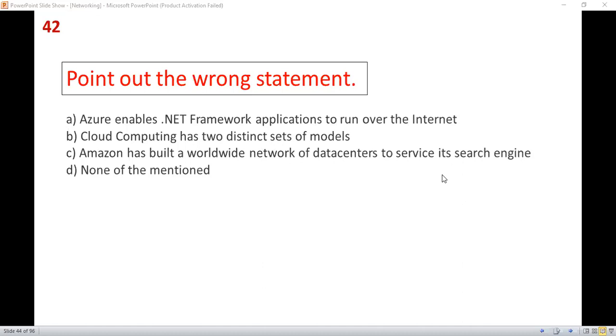And you have the main four types, and also service models IaaS, PaaS, and SaaS. So here we are talking about two distinct sets of models.